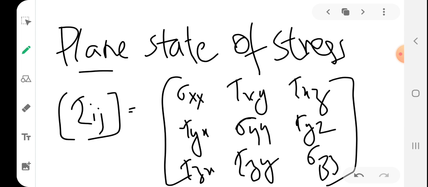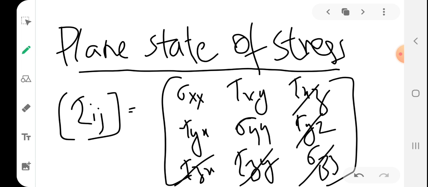So students, now we are going to learn the plane state of stress. So we are considering a particular plane only. If we are considering only the xy plane, in a given state of stress there may exist a coordinate system such that for this system the value of all these terms of stress becomes zero.